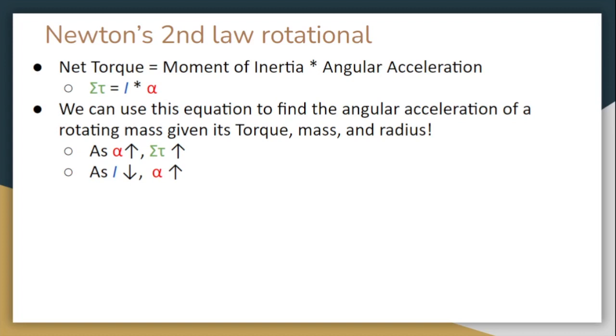Which makes sense because moment of inertia tells us how easy or difficult it is to change the spin of an object. The more moment of inertia we have, so the bigger that I value, the more difficult it's going to be to change the spin of that object. Meaning that the smaller the I, the easier it is to change the spin, which would give us a greater angular acceleration.